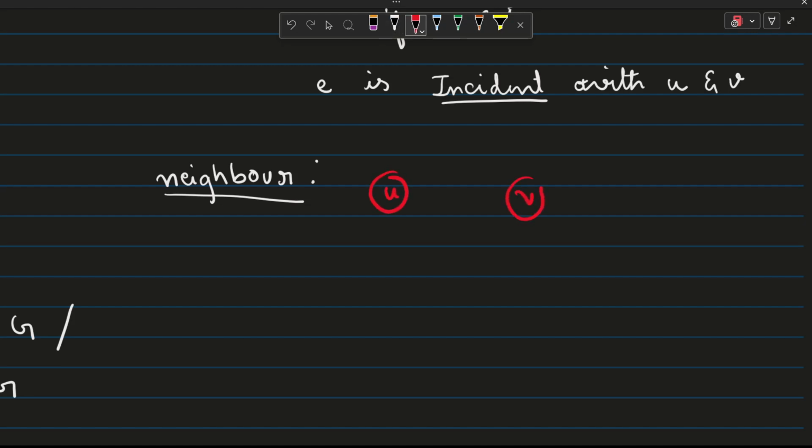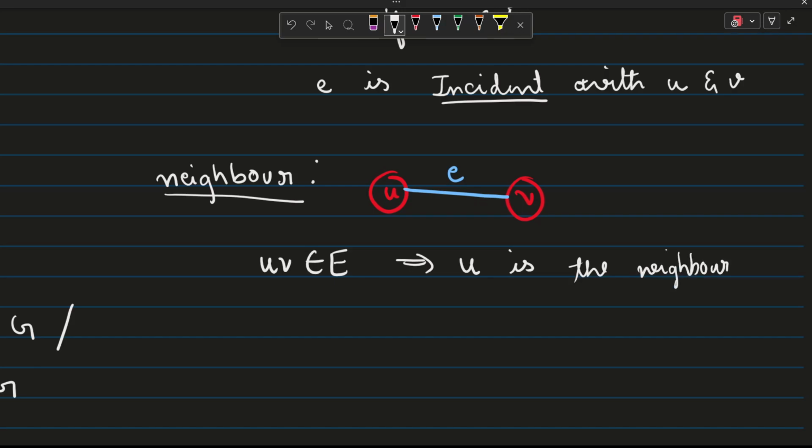U and V are two vertices connected by an edge E. Now, if UV is an edge in G, then we say U is the neighbor of V, or V is the neighbor of U.